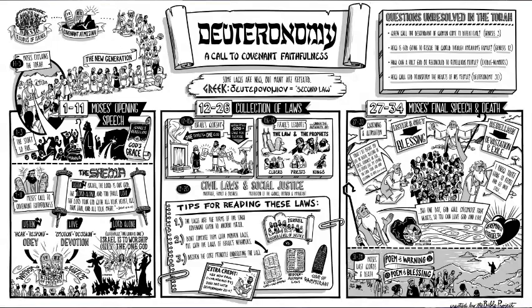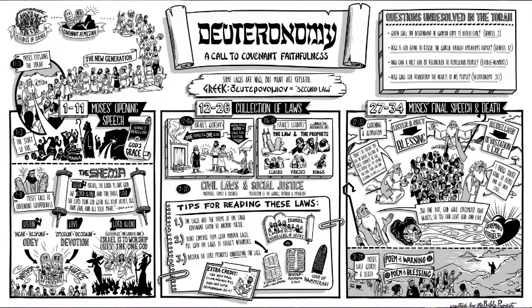So 5 through 11. You have the Ten Commandments in chapter 5. You have the total commitment to the Lord in chapter 6. And then chapter 7, separation from the gods of the other nations. In 8, you have a warning against forgetting the Lord. And then 9 through 10, you have illustrations of Israel's rebellion in the past.